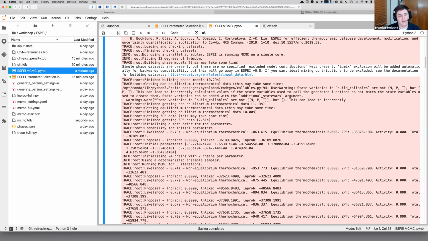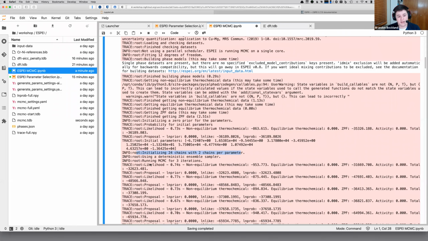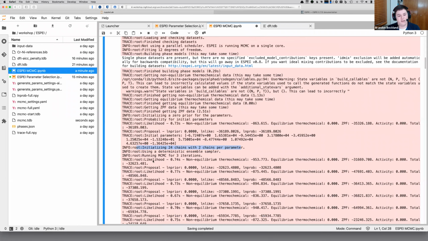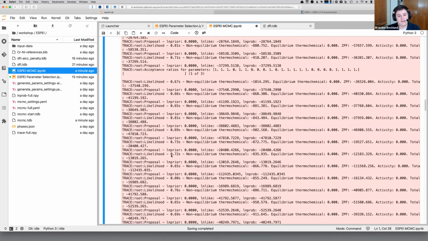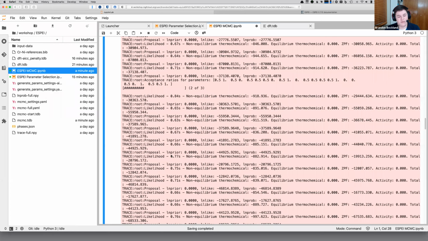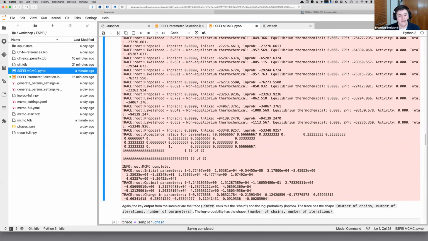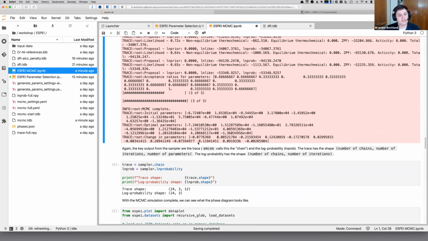So those are 12 parameters, 12 coefficients, that we're trying to fit. And we're fitting those with 2 chains per parameter, which is the default, and it says that right here. That gives us a total of 24 chains, so we have to evaluate the likelihood on 24 different proposals to do 1 iteration. To run this takes on this machine roughly 3 minutes to do these 3 iterations, and that's kind of the ballpark.